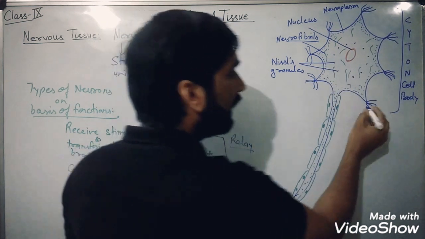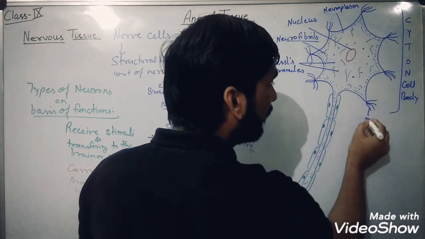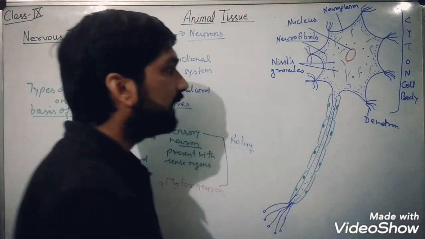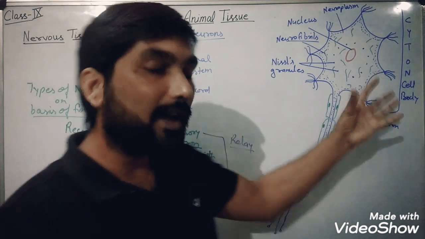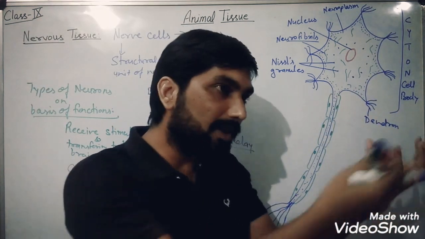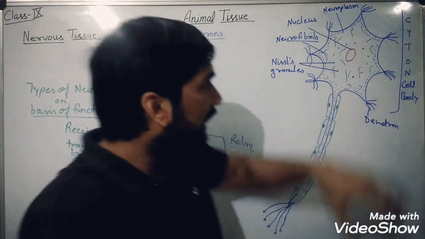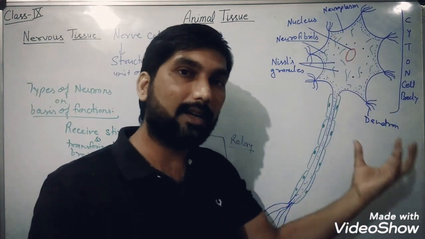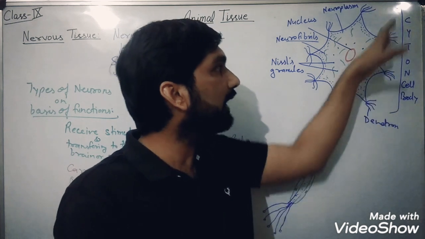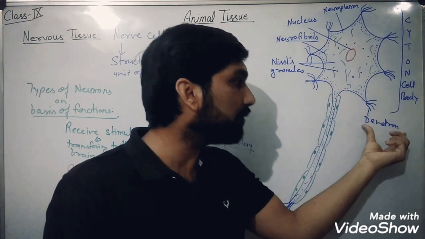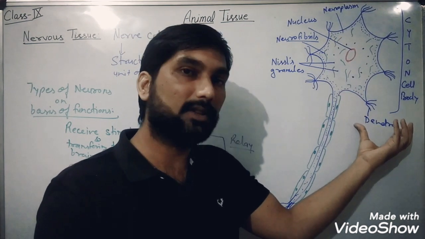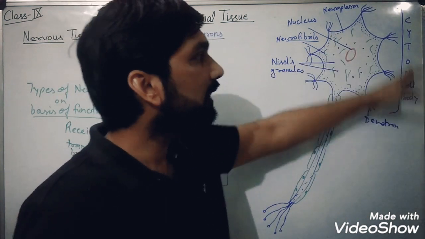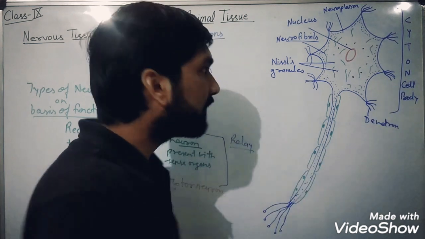These small hair-like structures are known as dendrons. The dendrons perform the function of receiving any message and conducting it to the cyton. The messages are received by these small hair-like structures, and they carry the message to the main body, known as the cyton or cell body.